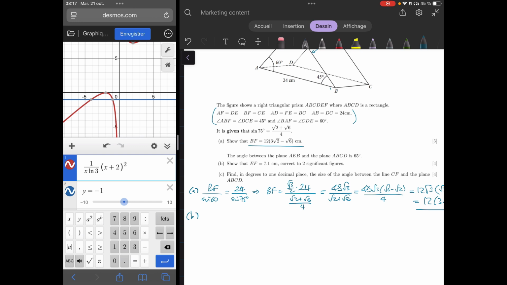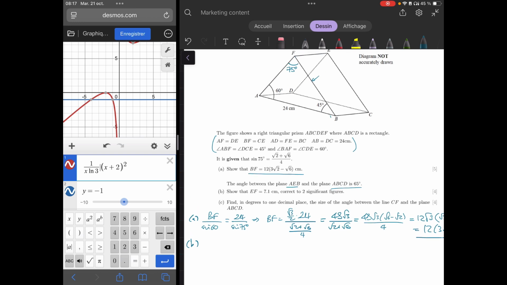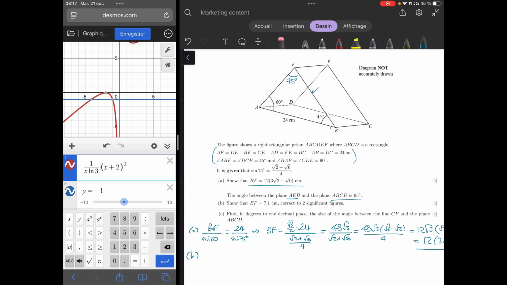The angle between the plane AEB and the plane ABCD is 65 degrees. What is this angle? AEB and ABCD.